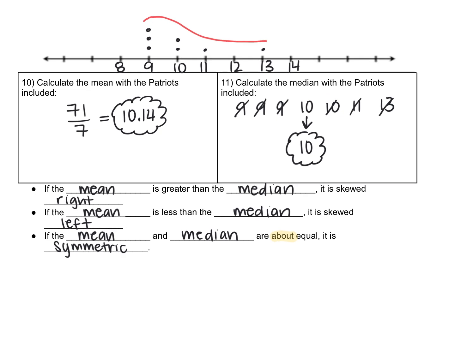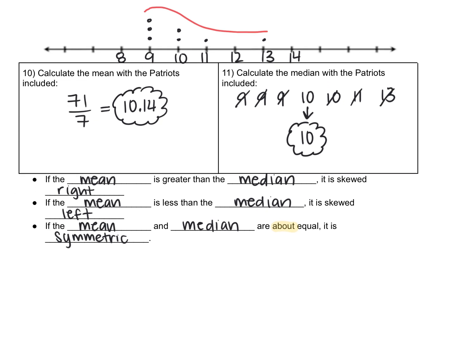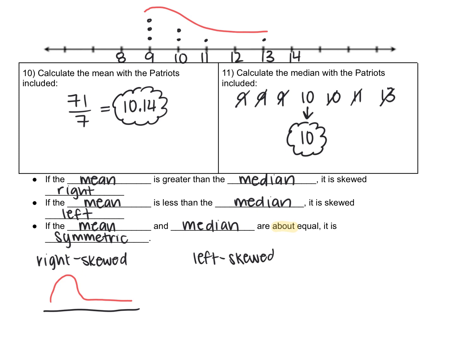So I'm going to quickly draw some examples. We have right skewed, which is when you have a lot more data at the left end and a lot fewer data at the right end. We have left skewed, which means there's a lot fewer data at the left end.